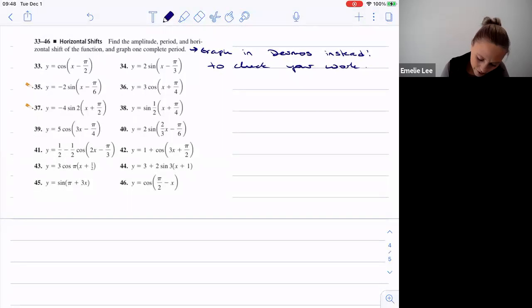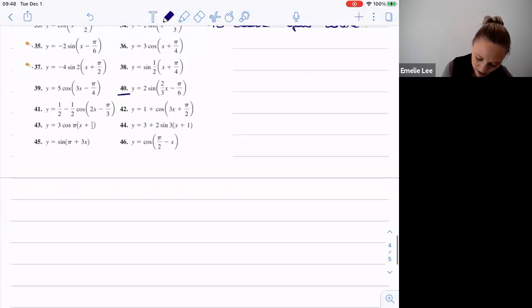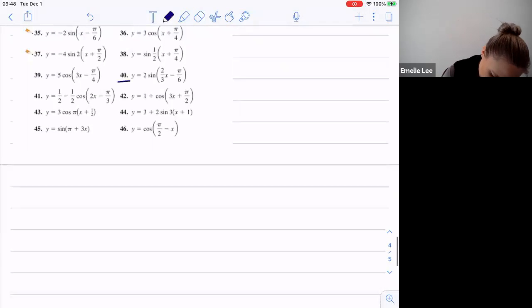So how about we do a kind of weird looking one? Let's do 40 together. Like I said, sometimes we have to rearrange things and morph them to become that standard form, or what I'm calling standard form, because it looks very similar to the other standard form.